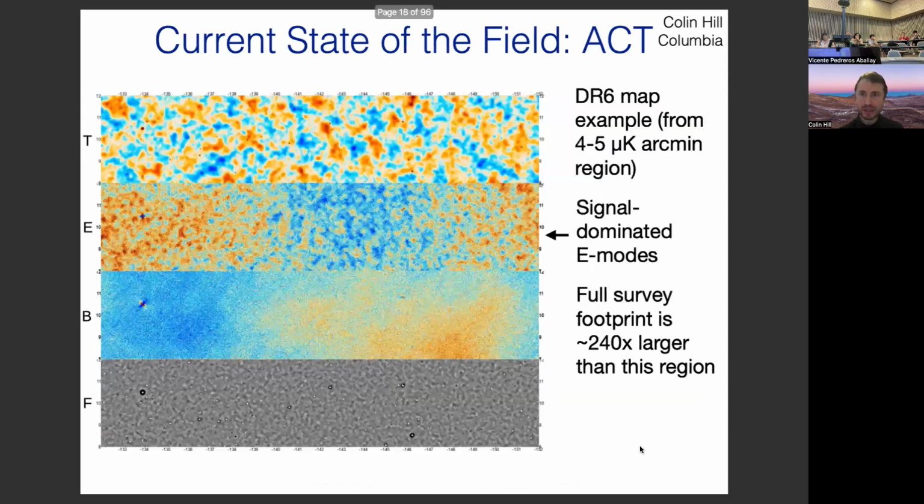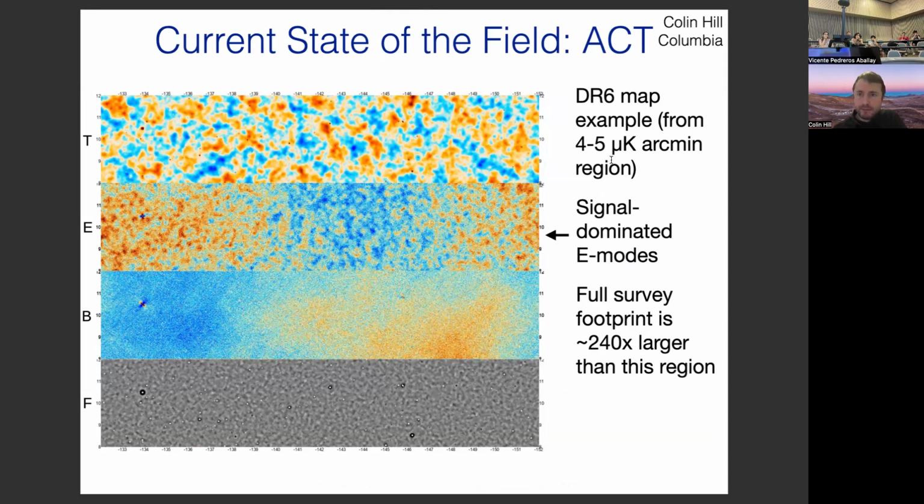for sure. So here's a taste of what some of the data look like. This is just a small slice of some of the maps. So the top image up here is the temperature anisotropy. This is like the one I showed you earlier from Planck, but now we've zoomed way into a smaller region of sky. This is the E mode polarization, B mode polarization, and then this is a map of SZ clusters.